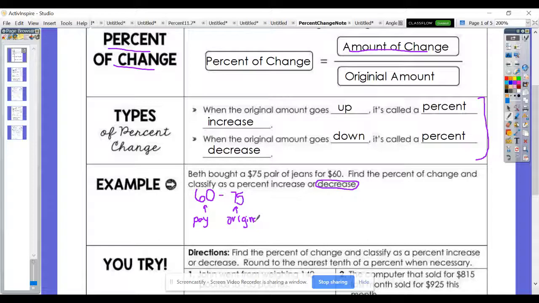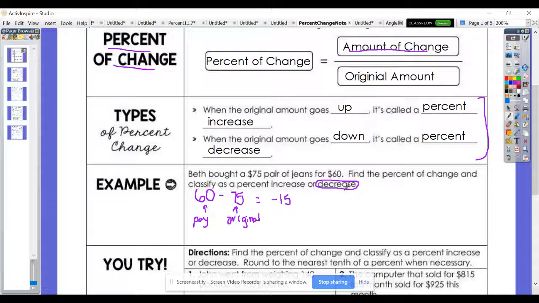Now, a way that it kind of helps you to set it up like that, what I'm paying minus the original, is because notice when I do that math, it's going to give me a negative amount. Negative implies that decrease. So if you can't tell just by looking at those numbers, which normally you should be able to, but if you can't, that's kind of an indicator of what, if it's a positive, it's going to be an increase. If it's a negative, it's a decrease.